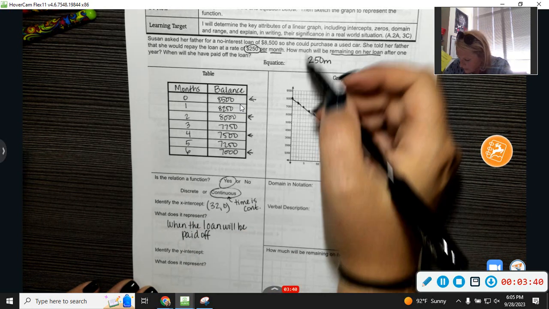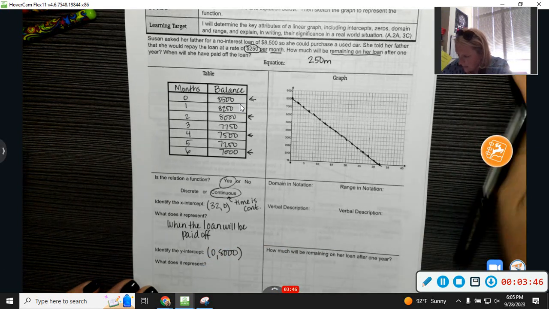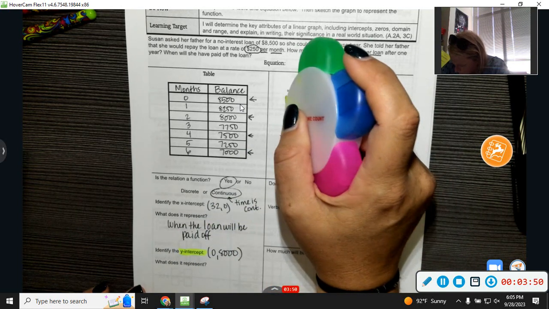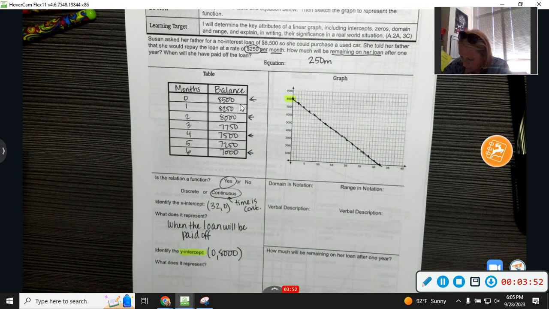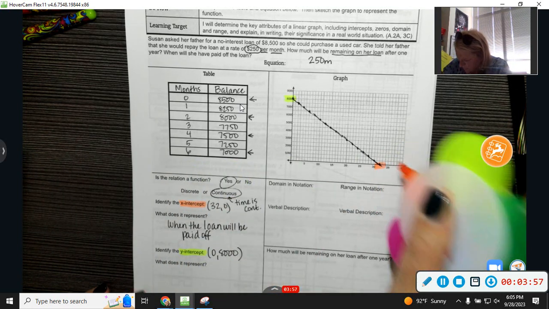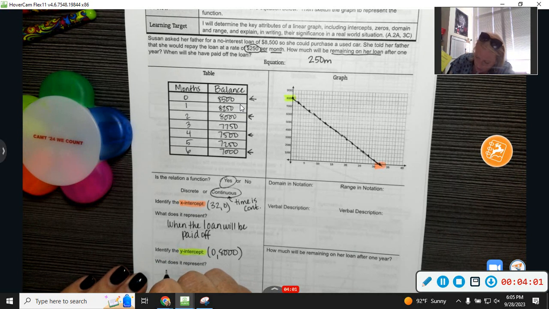And the y-intercept is 8,500. The y-intercept is up there, the x-intercept down here. What does the y-intercept represent? It's the starting balance.